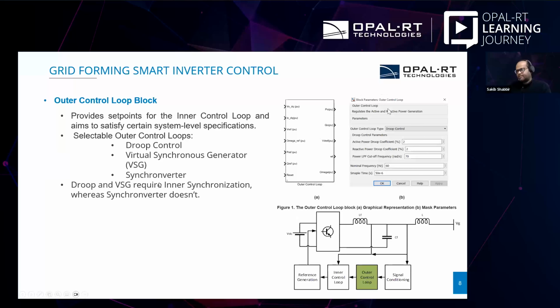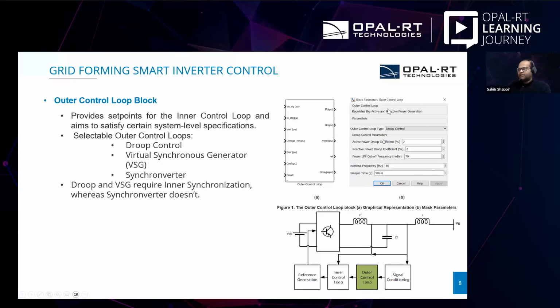These system level specifications can be maintaining the voltage and frequency of the system, and ensuring proportional power sharing among the distributed generation systems connected with it. These sorts of objectives are usually handled by the outer control loop, and it ensures that all the references required by the inner control loop are generated. This is the graphical representation of the outer control loop.